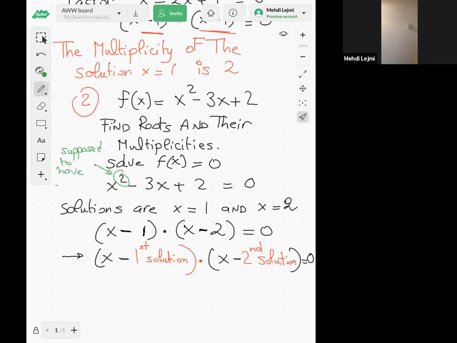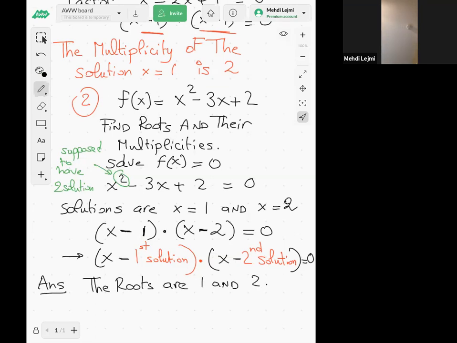The factorization is supposed to be of the form x minus the first solution times x minus the second solution. So the roots are 1 and 2.